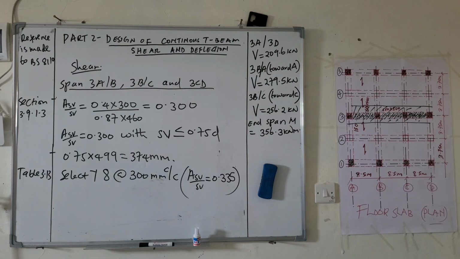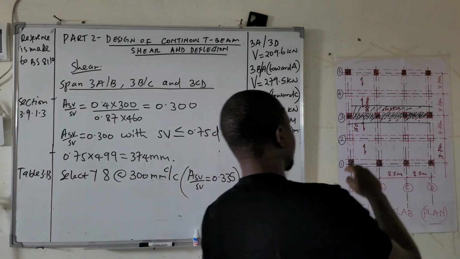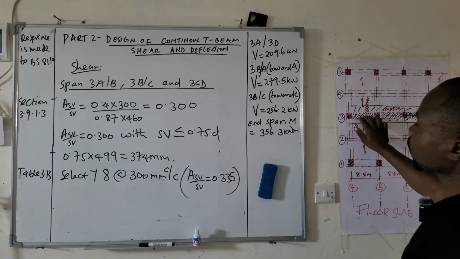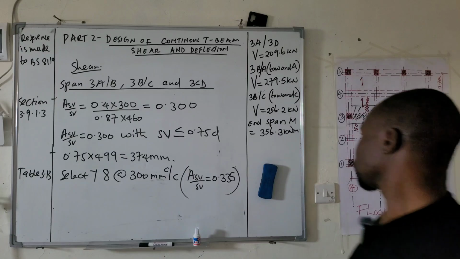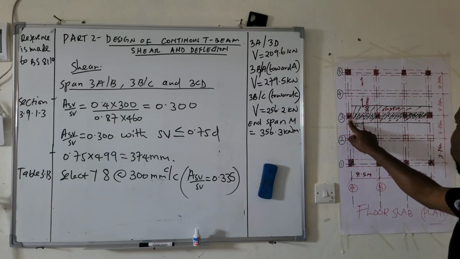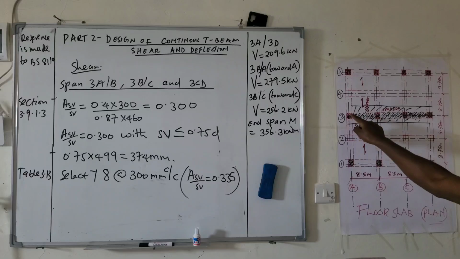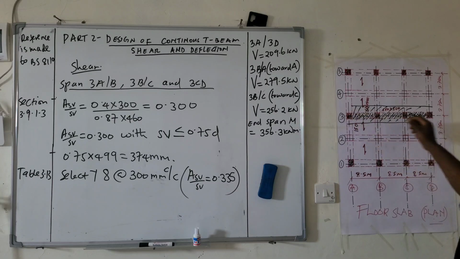Now we have calculated the minimum links for this span 3AB, 3BC, and 3CD. We now proceed to the supports, support 3A and support 3D.